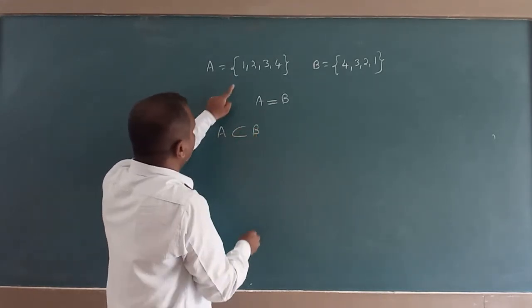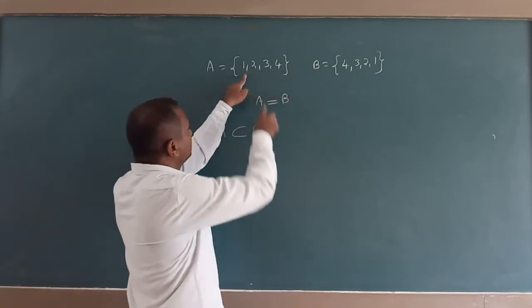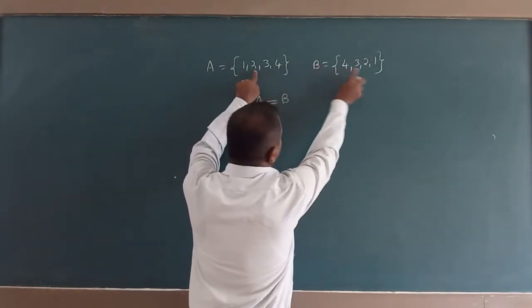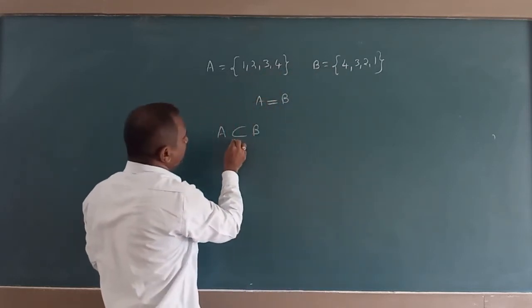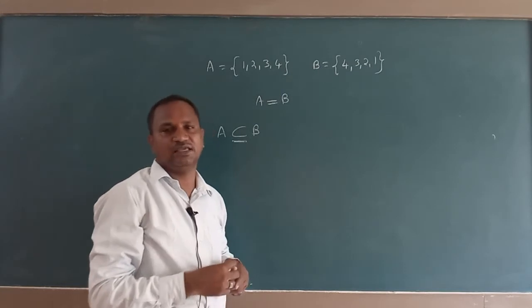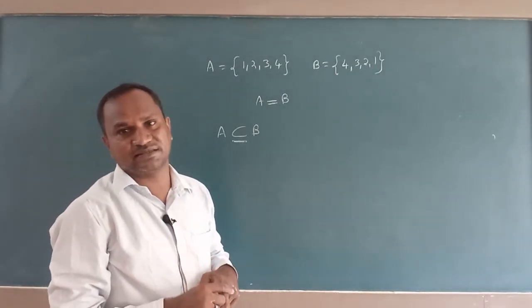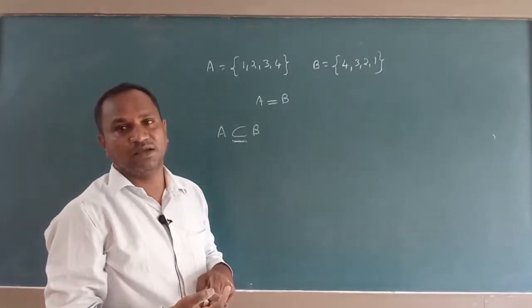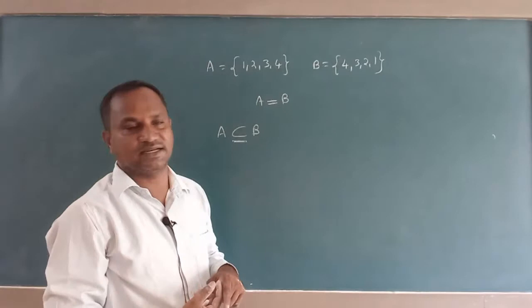See here, every element of set A is the element of set B. 1 is there, 2 is there, 3 is there, 4 is there. Or equal, why we are writing equal? Because they are equal sets. The number of elements is the same and they have the same elements, so we call those two sets equal sets.